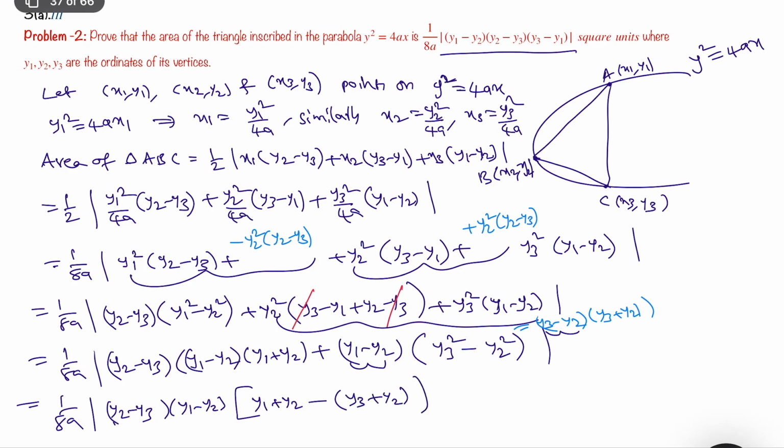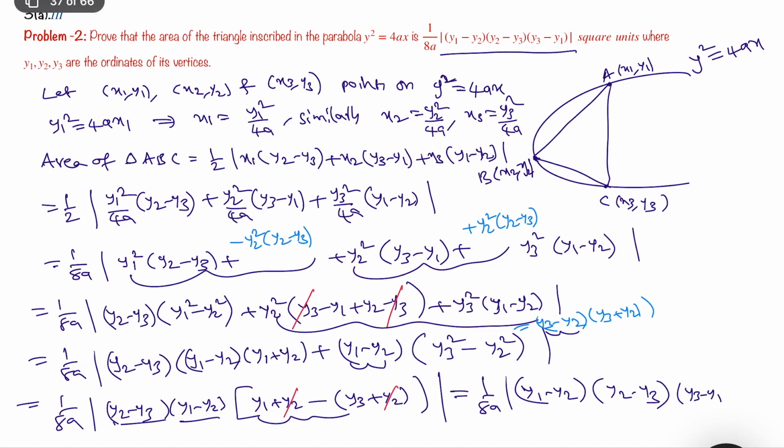Again, this y2 gets cancelled, so we are left with 1 by 8a times modulus of (y1 minus y2) times (y2 minus y3) times... here we have y1 minus y3, but I can also write it as y3 minus y1 because anyway we have the modulus, no problem.